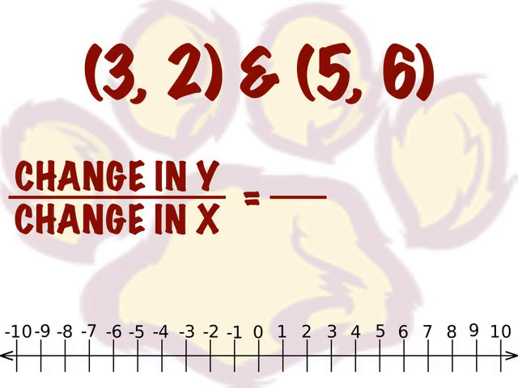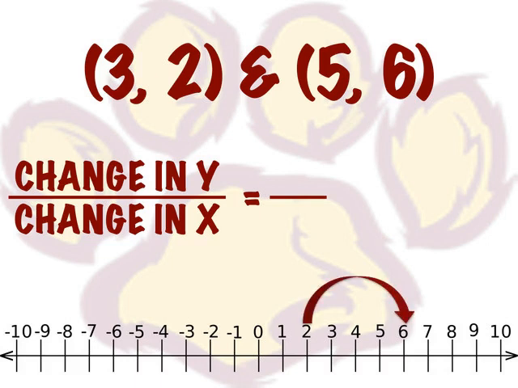For our first example, we're going to find the slope between the point 3, 2 and the point 5, 6. First thing we need to do is find the change in y. For the change in y, we are looking at the 2 y values. In this example, the y values are 2 and 6.